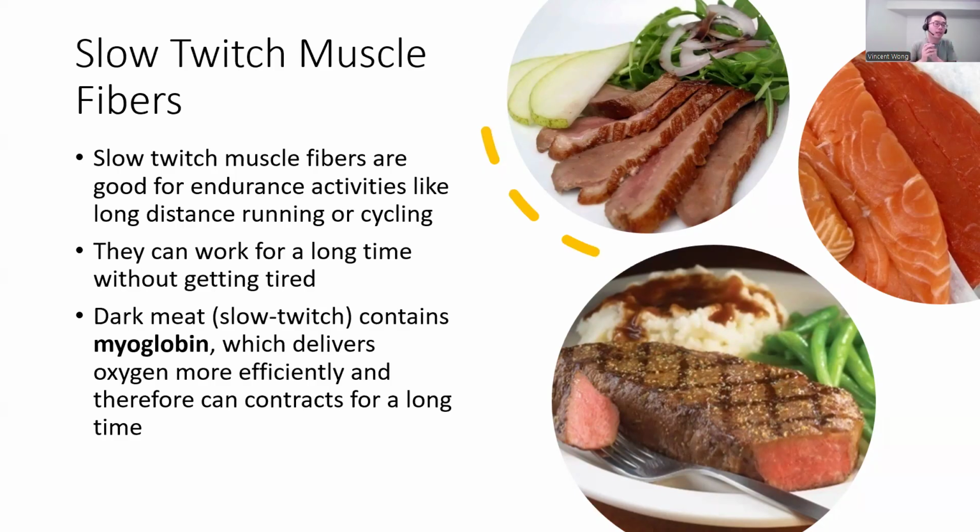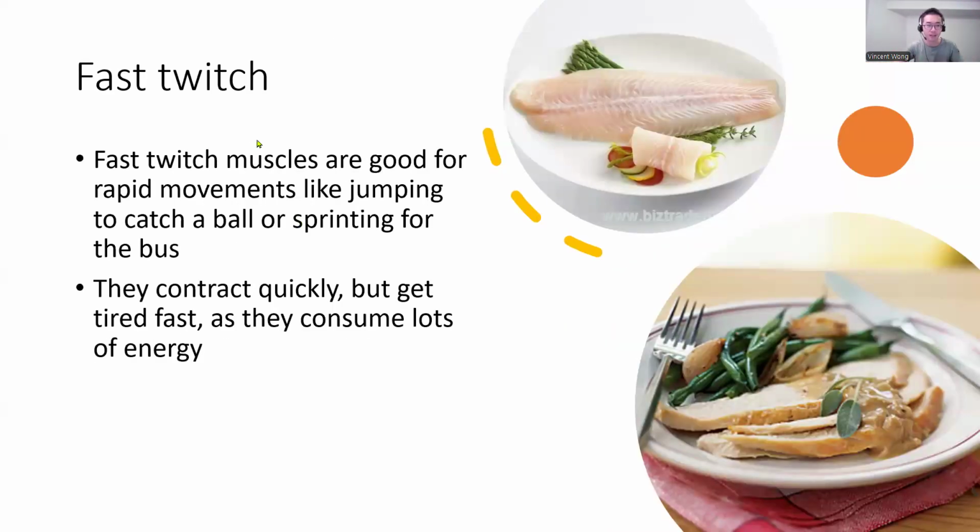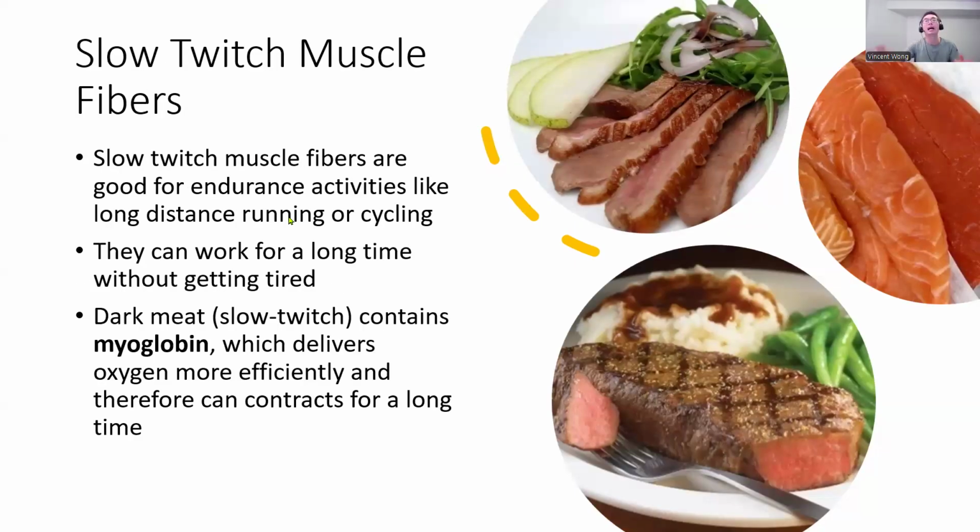Depending on the function of the muscle, they might have a higher percentage of slow twitch fibers, or a higher percentage of fast twitch fibers. And you can actually do training to increase the ratio of one type versus the other. I'll tell you more about it in a second, okay?